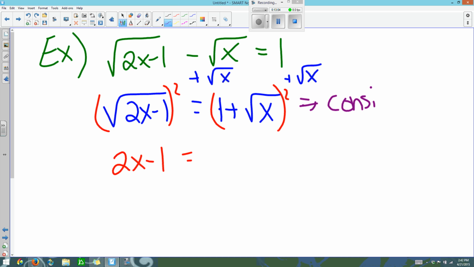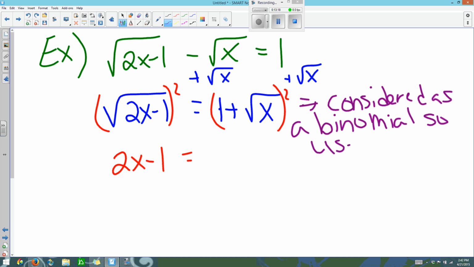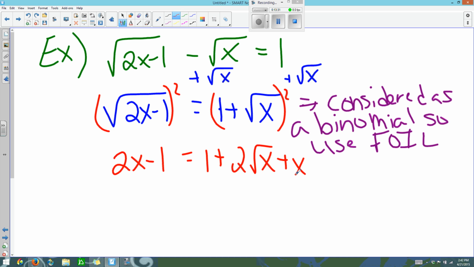Considered as a binomial. Oops. So use FOIL. Okay, and so this side becomes 1 plus 2 square roots of x plus x.